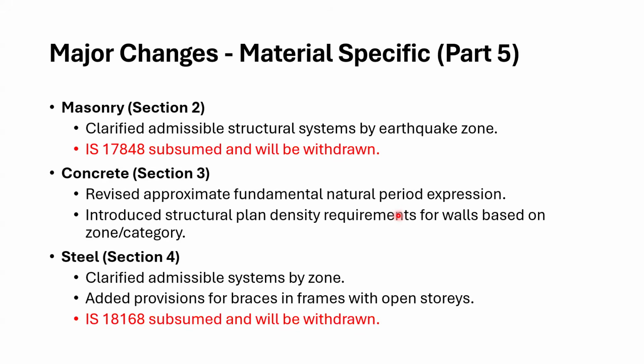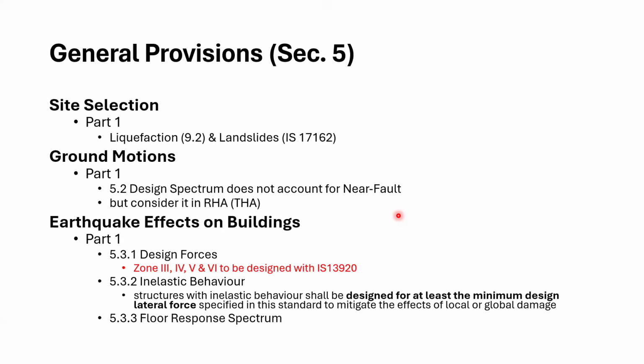And codes highlighted in red will be withdrawn, as all the relevant aspects will be covered in this code. Now we will go through these code provisions based on Part 5, but whenever the general provisions need to be accessed, that will be covered automatically.